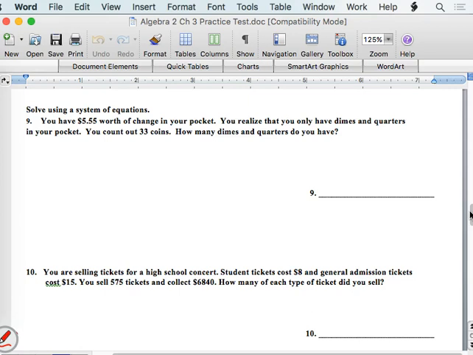Give me a total. 33 coins. Give me another one. 5.55. So what we just did was determine how we're going to set up these equations. This was about the number of coins that you have.